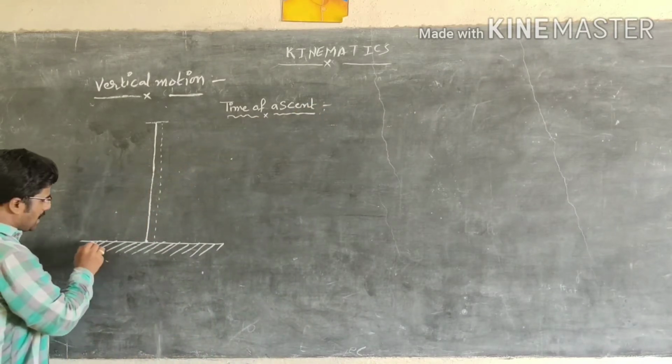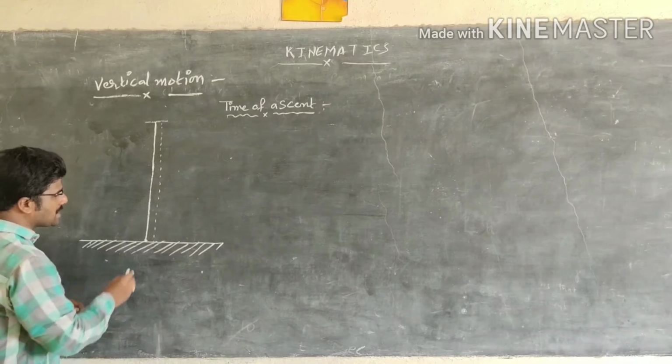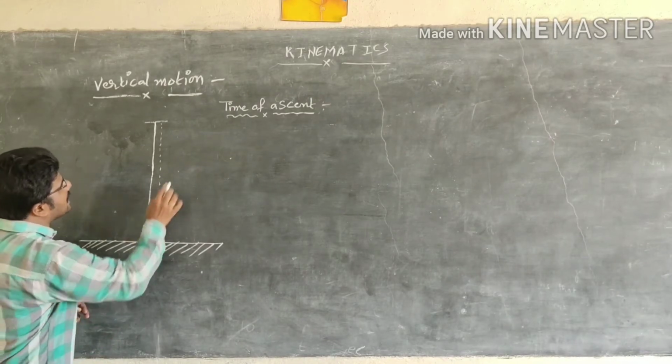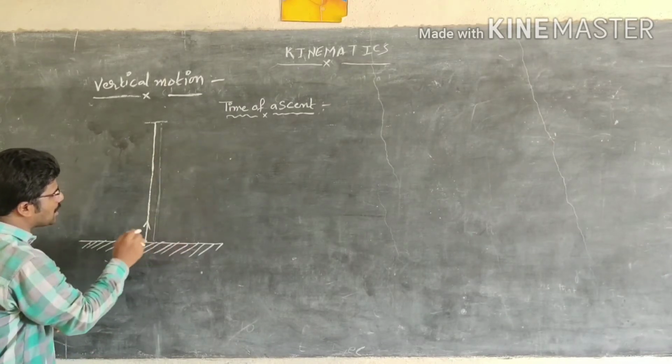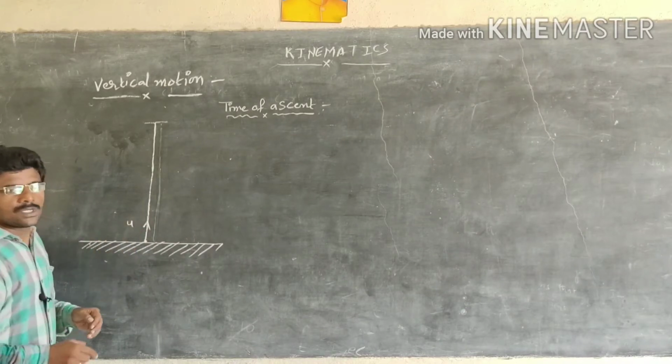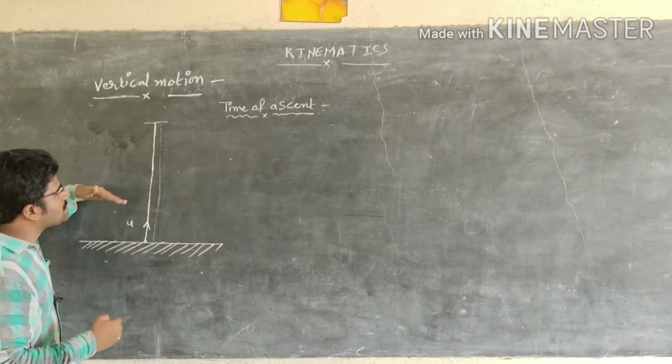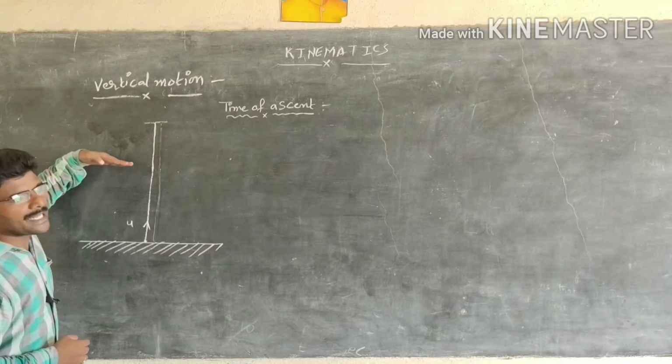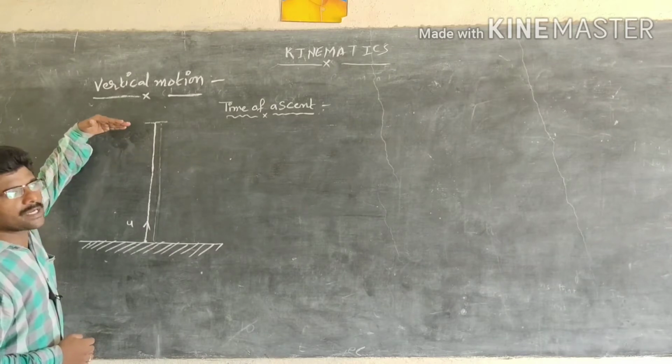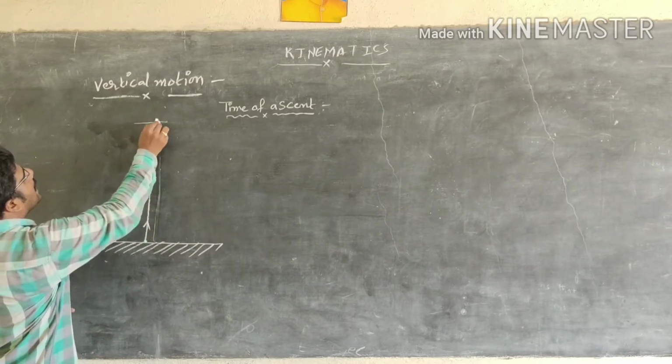For example, let us consider this is a ground surface. Now you have projected a body with a velocity u. So as time passes, the velocity of the body decreases and becomes zero at a particular height.